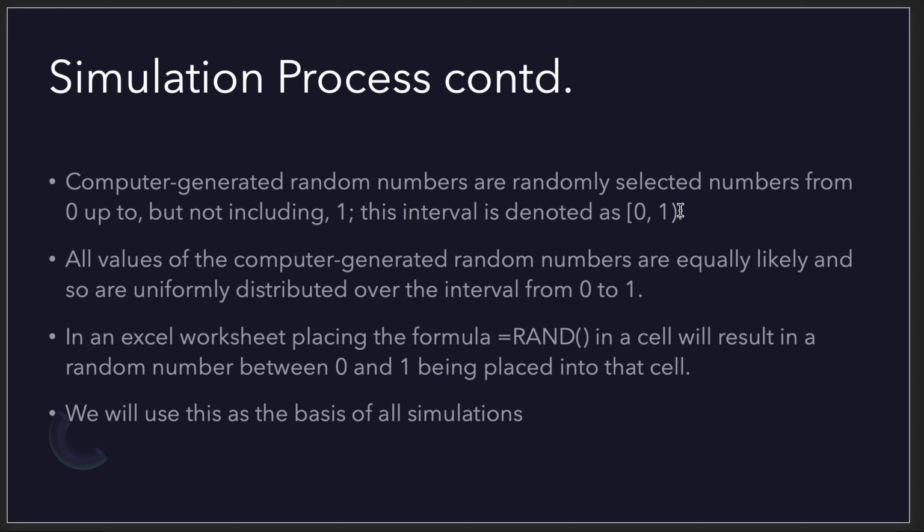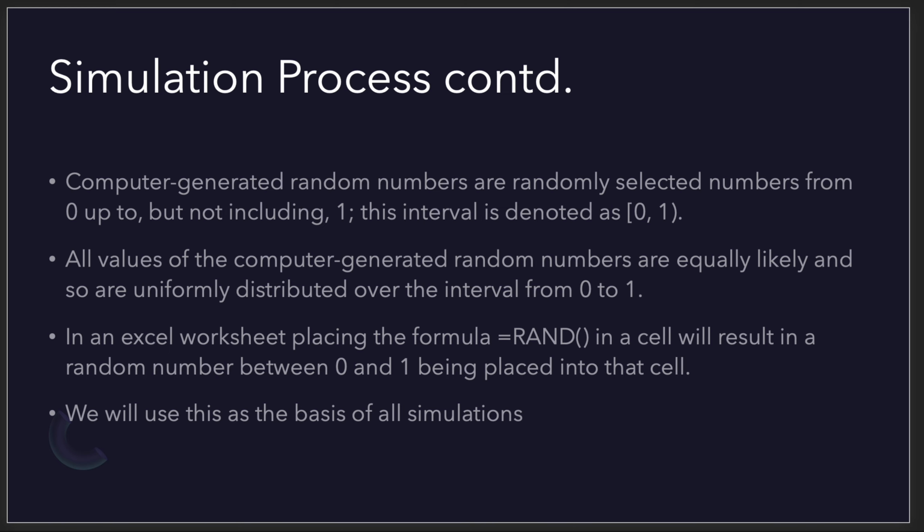Mostly you will never be able to generate 1. In very, very rare cases, you might be able to generate 0, but the probability is very, very, very low, so it's almost close to 0. It will be all numbers between 0 and 1. And in Excel, the way you do that is by using the RAND formula. So the RAND formula will be the basis for all the simulations that we do, right?